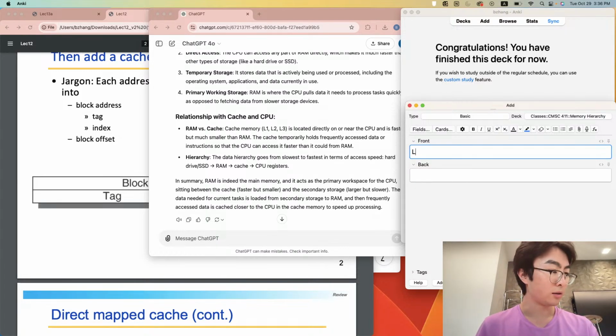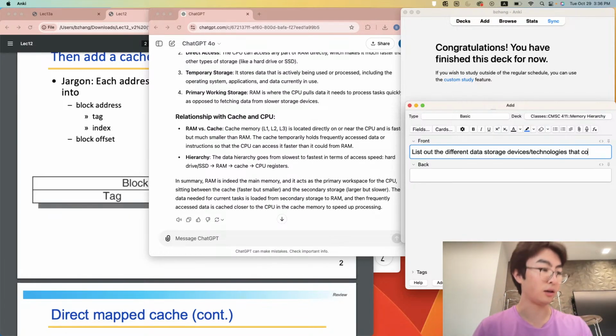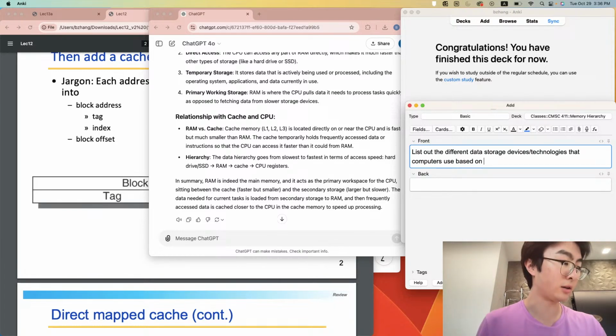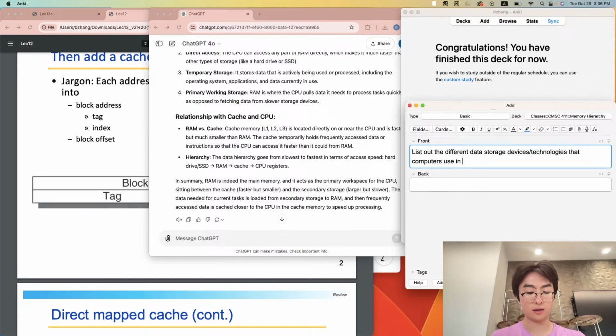Okay, so list out the types of memory based on the different data storage device technologies that computers use, from longest access time to shortest access time.